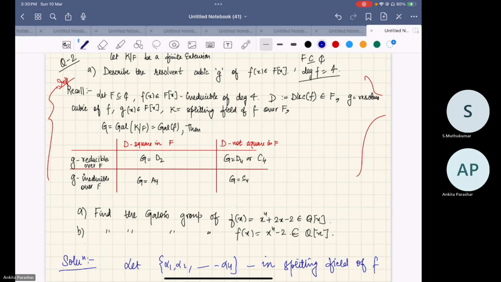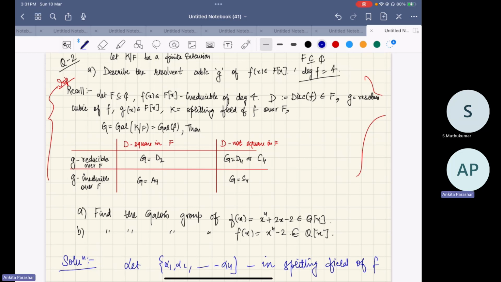How will you approach this, let's say? So we have to find D and also have to find G. Then only we can refer to the table. Exactly right. We can refer to the table, provided we can find D and we can find G.